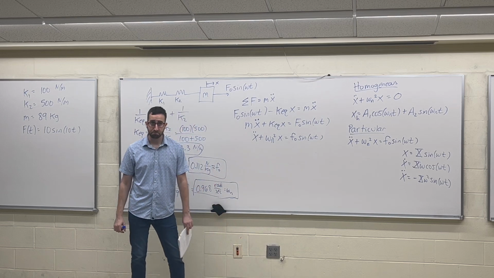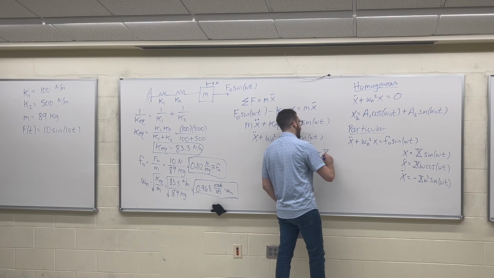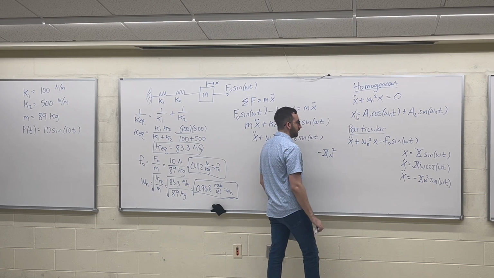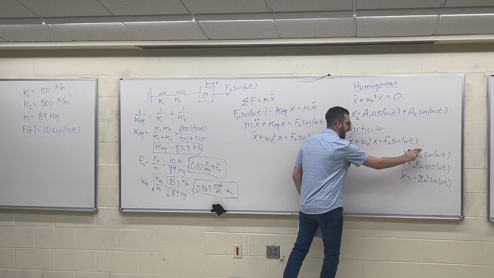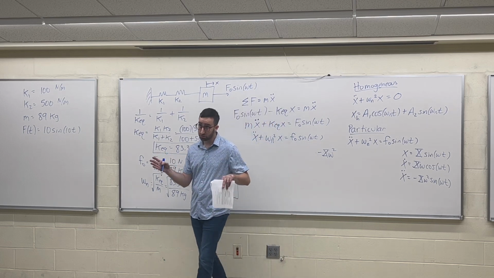You see that? Plug that in. Negative x omega squared sine omega t plus omega n squared x sine omega t equals f naught sine omega t. All the signs will cancel.